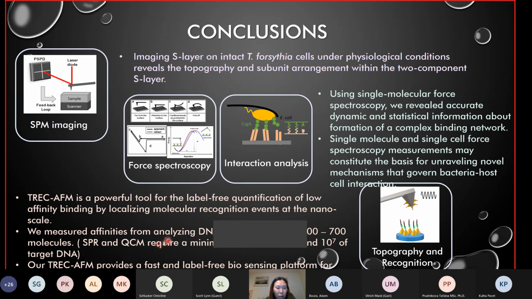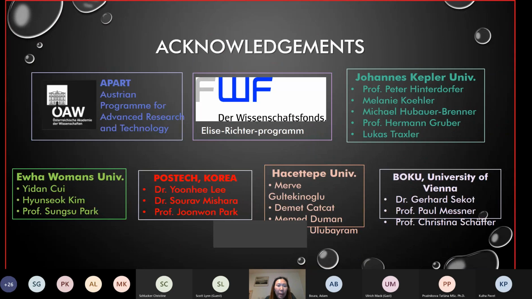So our track AFM provides a really fast and label-free biosensing platform for affinity study, especially with a small sample amount. And we would like to apply our technique also to other molecules, or other DNA or RNA sensor surfaces.